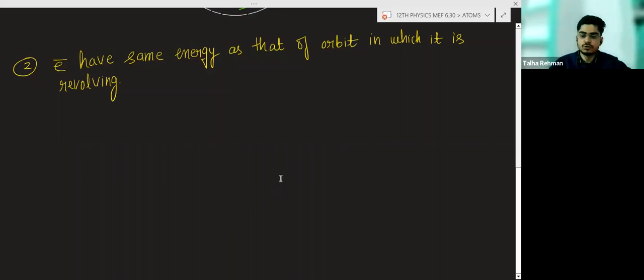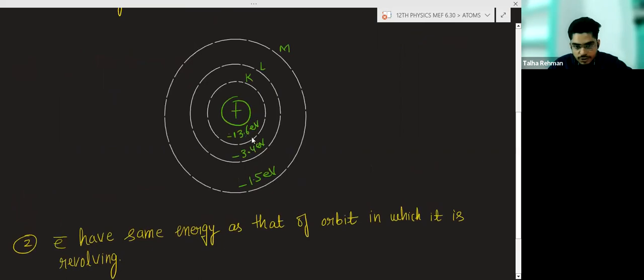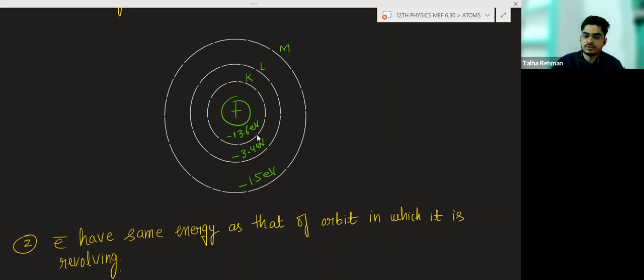One more thing Bohr said: if the electron is revolving in the K orbit, the K energy level, it will not radiate, meaning it will not gain energy or lose energy.